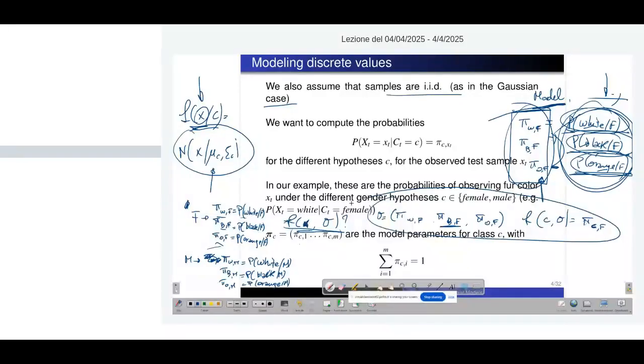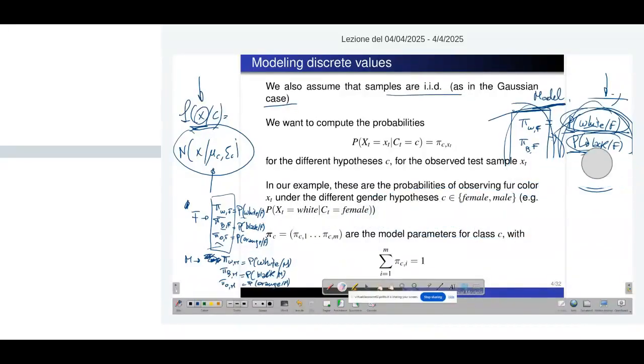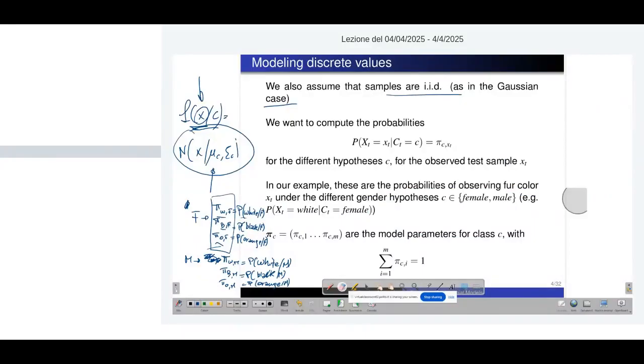In this case, the model is very simple because the parameters themselves are already the values that we want to compute. We will not see a more complex model than this, but just know that this is the simplest instance that we can do for this kind of model. The parameters themselves are the quantities that we need to compute to describe the class conditional likelihood.